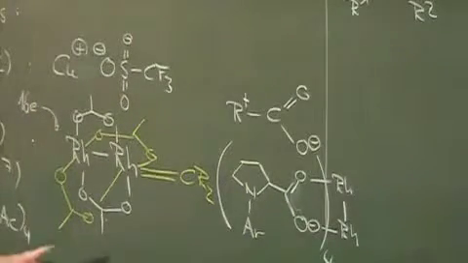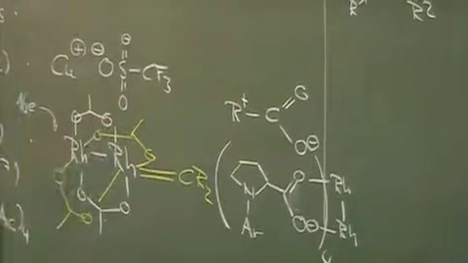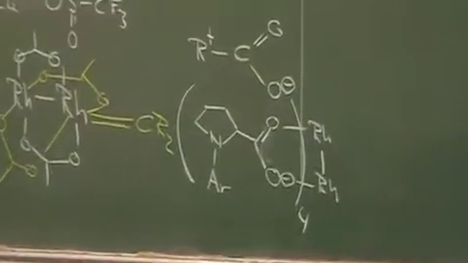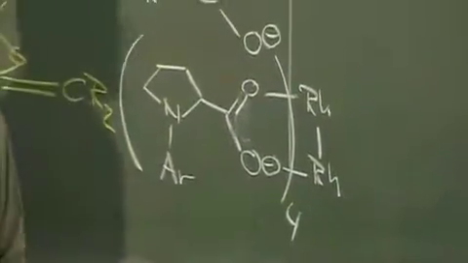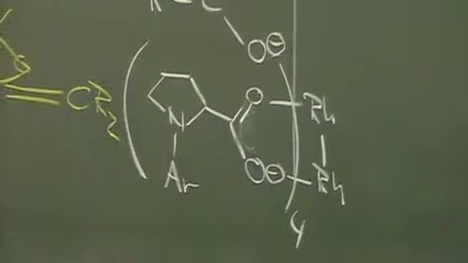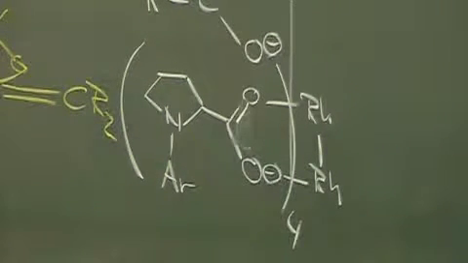These proline derivatives can easily displace the acetate groups here, and this way you can create chiral rhodium carboxylic acid complexes.